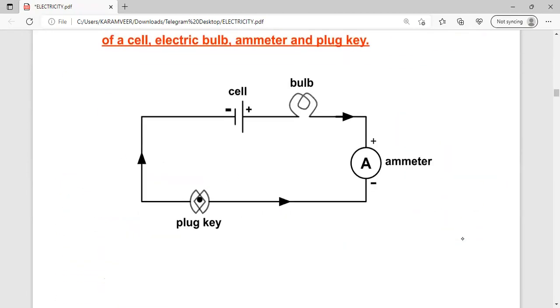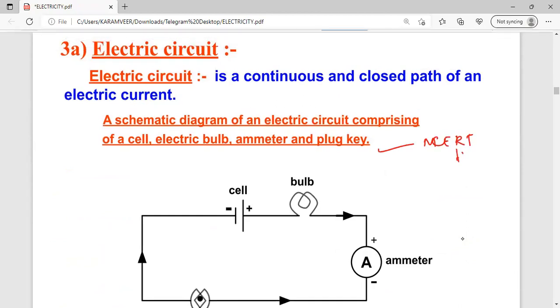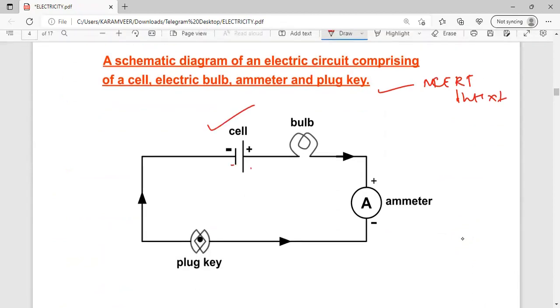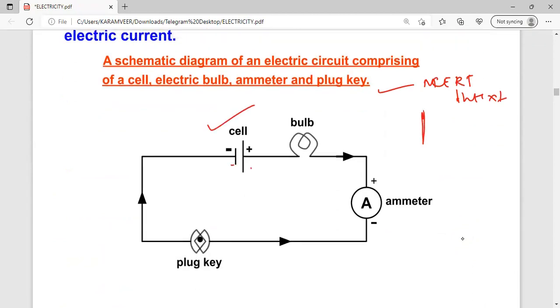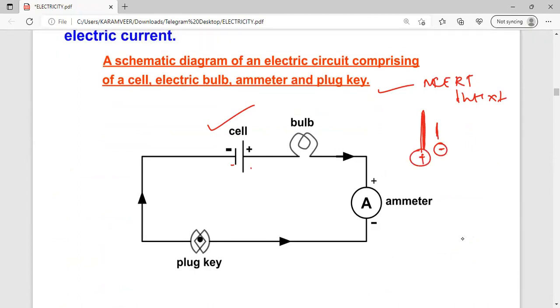Electric circuit is a continuous and closed path of electric current. Schematic diagram of an electric circuit. This is also an NCERT in-text question. This is a cell, negative, positive, where the large line is positive and the small line is negative.